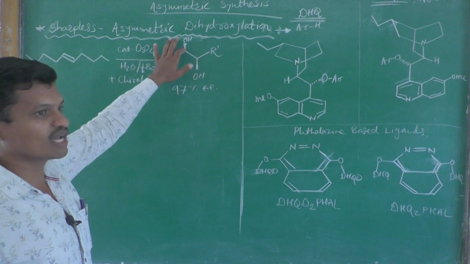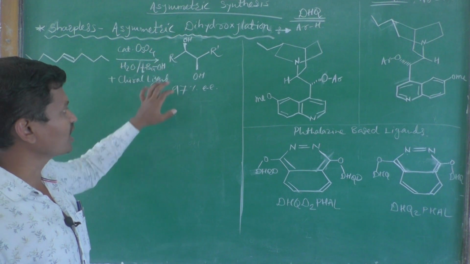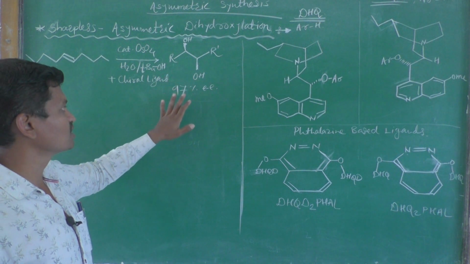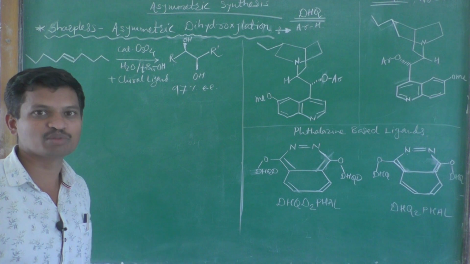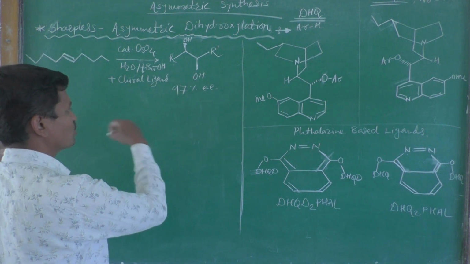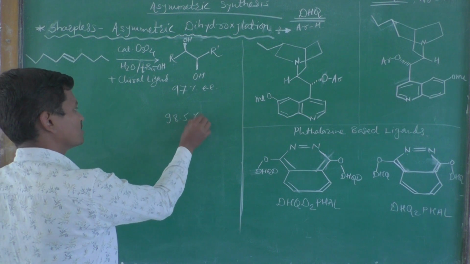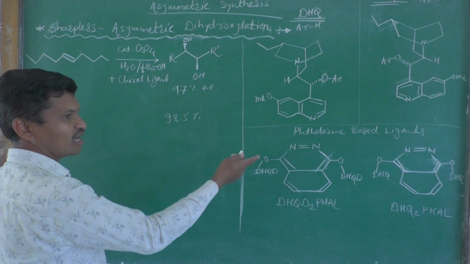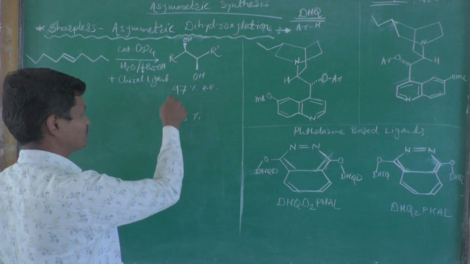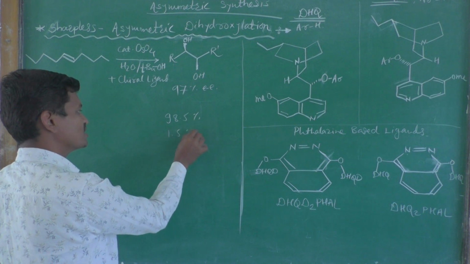Both hydroxyl groups are beta or above the plane. And we are getting this product in 97% enantiomeric excess, meaning this product is forming in 98.5%, and the other isomer of this molecule is forming only 1.5%.